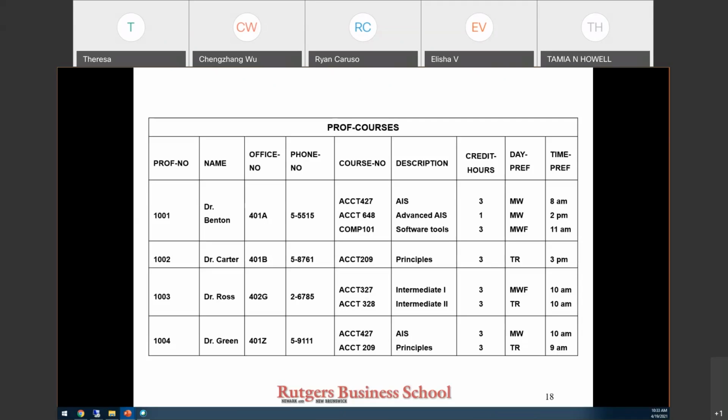Simply stated, a repeating group appears in the table when there are multiple values at the intersection of certain rows and columns.